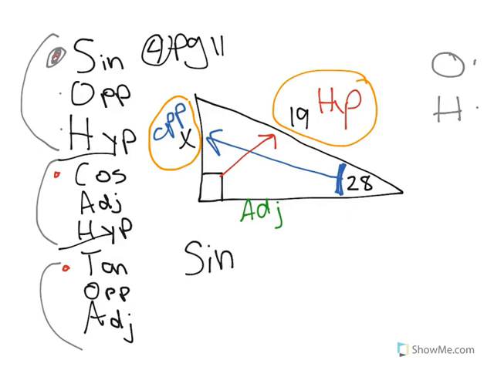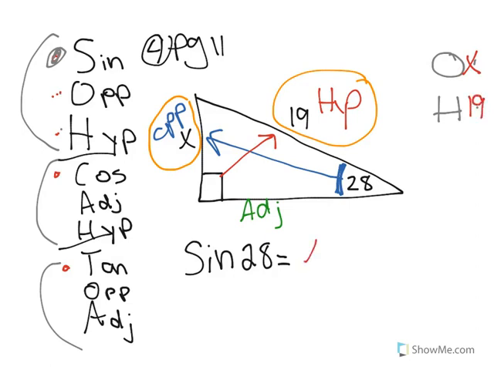So the sine, and then next to that you put your angle. So the sine of 28 is going to be equal to O over H. So O, the opposite, was x, and then H was 19.